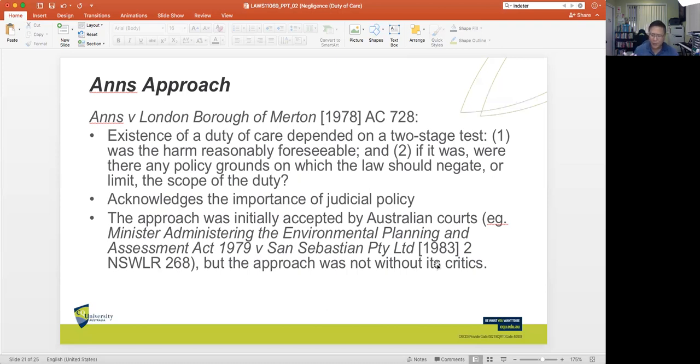And secondly, when it comes to policy, it no longer involves only a legal question, but might involve political, social, and economic questions, which really are not within the scope of the duty of a court. So there has been criticism of that as well.